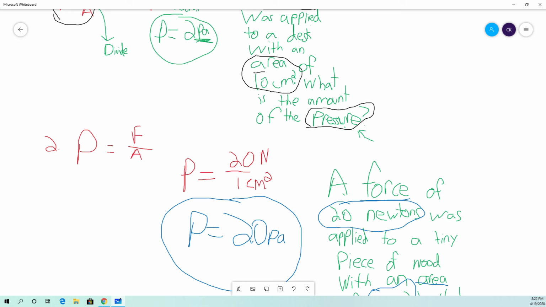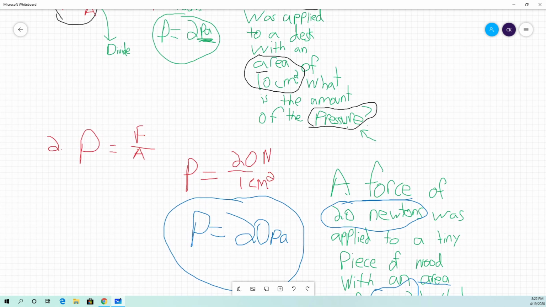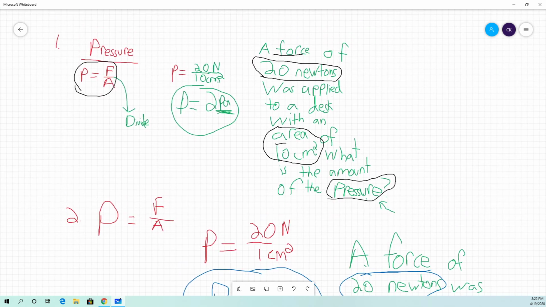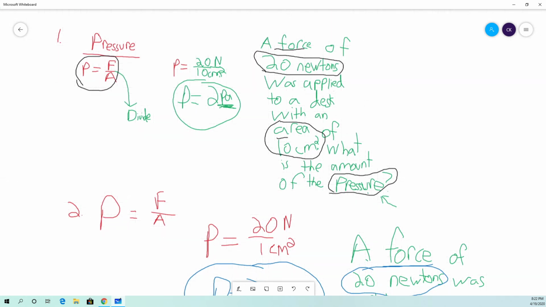This pressure is greater in problem 2 than in problem 1. That's because my force is the same, but my area gets smaller in problem 2. Because the area is smaller, the pressure is greater. If my area is bigger, my pressure will be smaller.